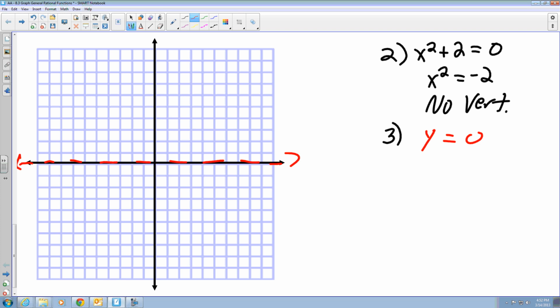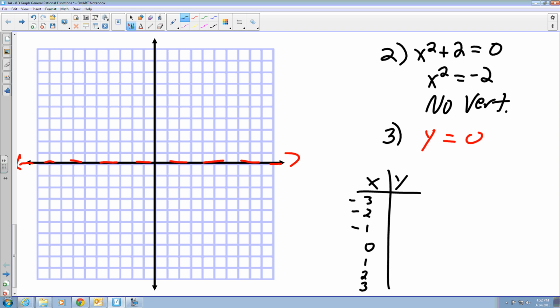And the last thing, for number 4, is I get to plot some points. Since I don't have any vertical asymptotes, I can use whatever points I want. So let's say I use -3, -2, -1, 0, 1, 2, and 3.